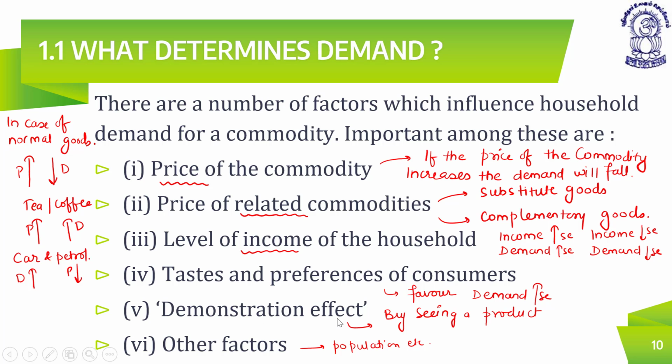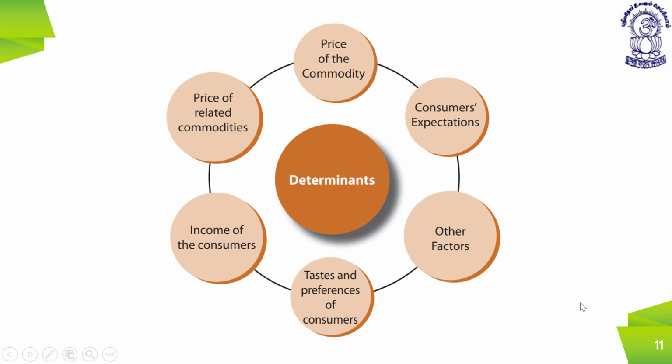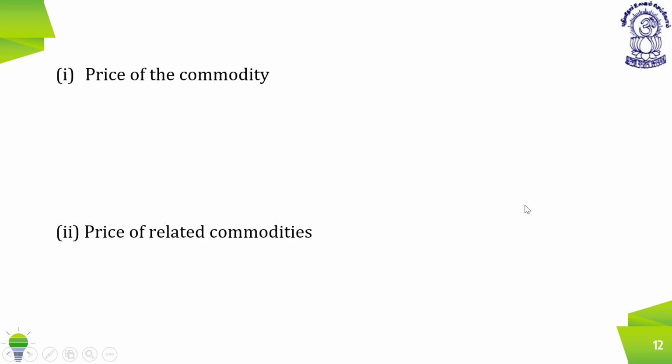Okay, let's go ahead. Just see it over here: price of the commodity, consumers' expectation, taste and preferences, income of the consumer, price of related goods, and other factors. Let's begin with point number one, that is the price of the commodity. Just write along with me.